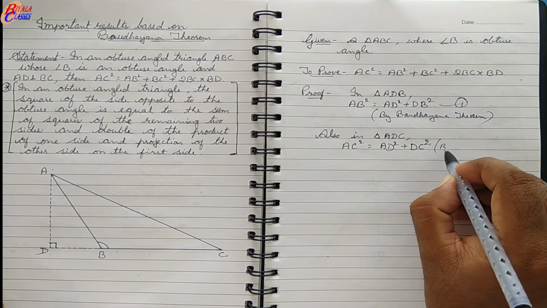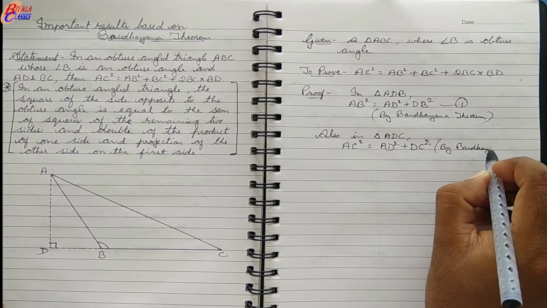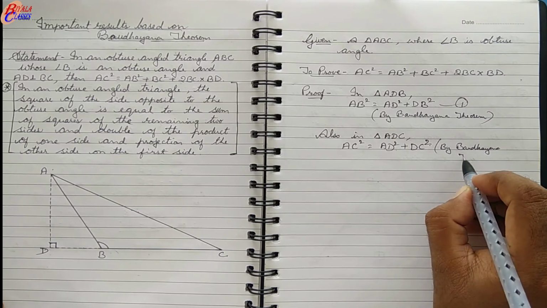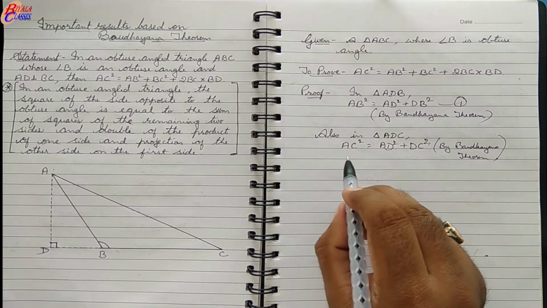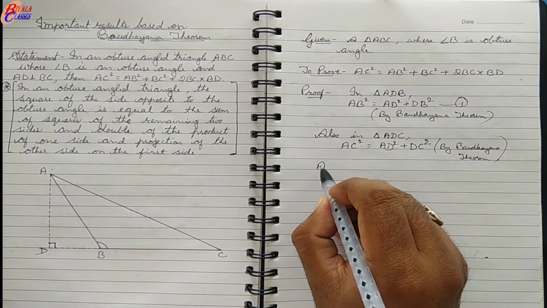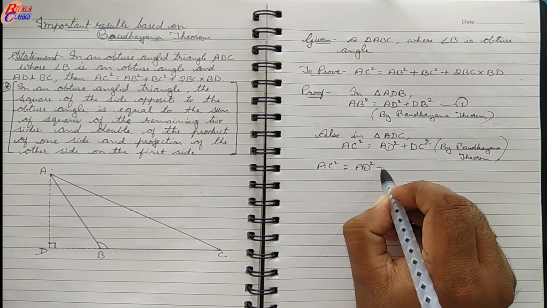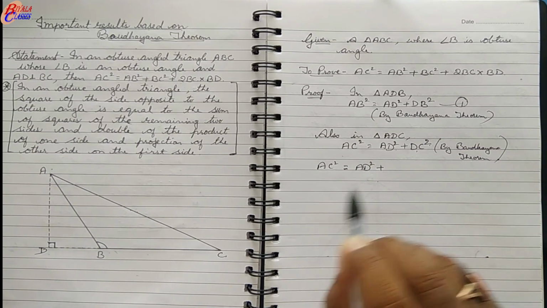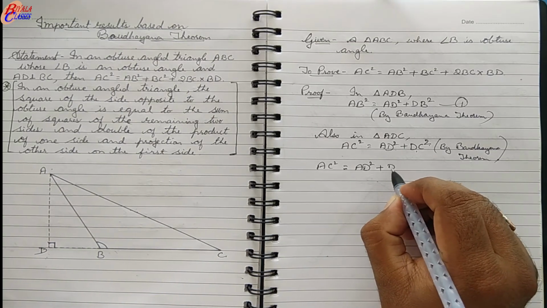So this is again by Bodhayan theorem. Now we can rewrite it like this: AC squared equals AD squared plus DC squared. Now this DC can be written as DB plus BC.